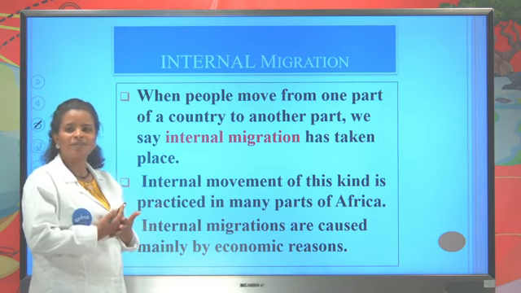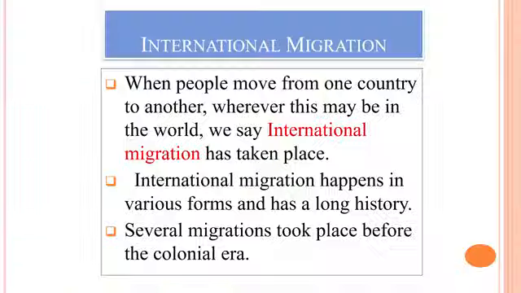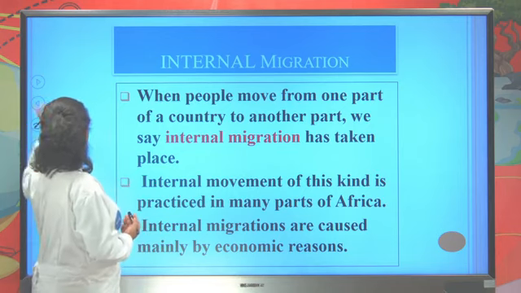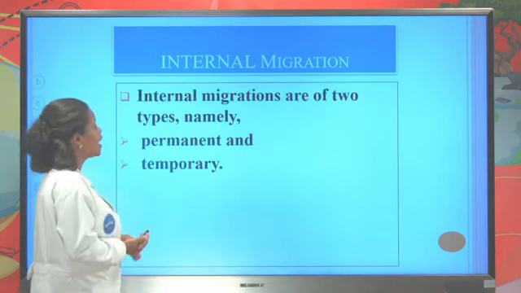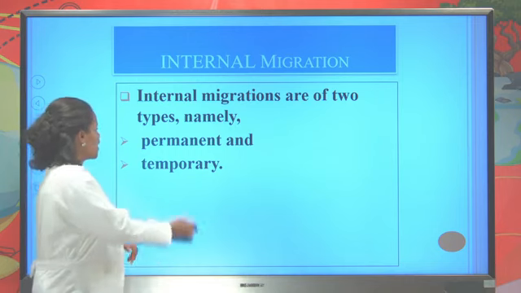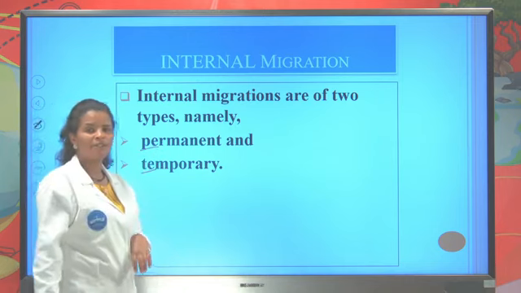We call it internal migration. Internal migration is a common practice in many parts of Africa and is caused mainly by economic reasons. Internal migration has two types: permanent and temporary migration.